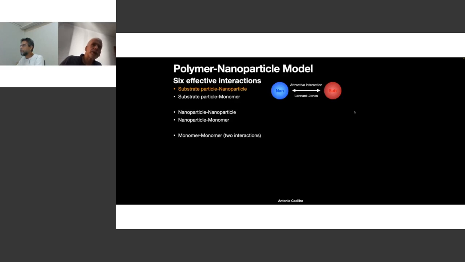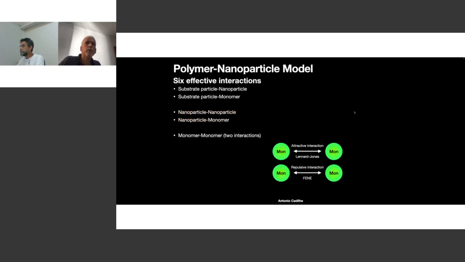So I considered an attractive interaction for substrate and nanoparticle. They are basically all attractive. In this case the nanoparticles are also attractive, and the nanoparticle-monomer interaction is also attractive. The monomers have an attractive interaction between monomers and a repulsive one due to the bonding along the chain of the polymer.